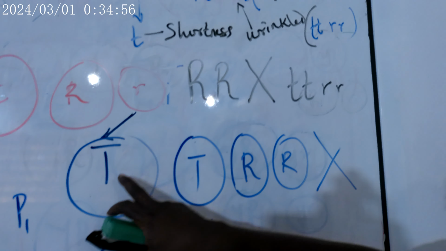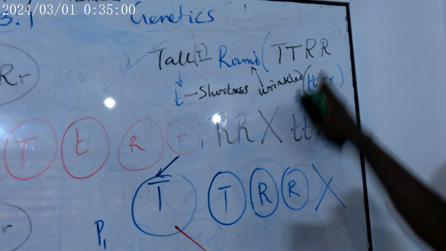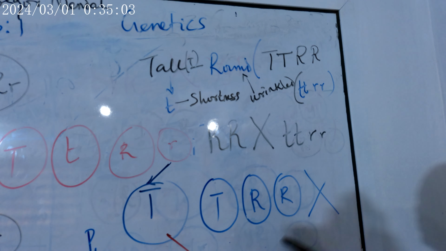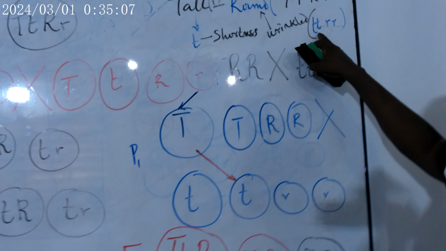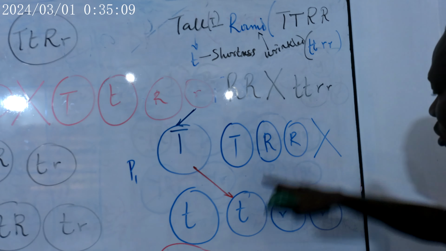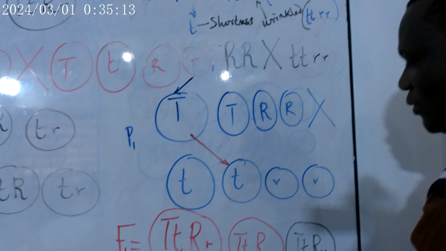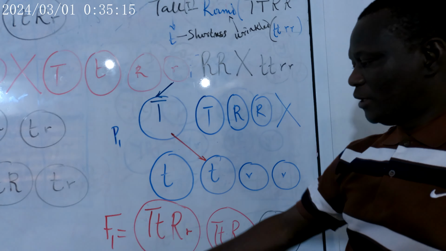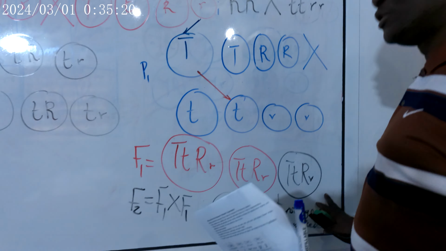We are crossing it with the homozygote, which is recessive. Whenever you now want to cross them, the result of F1, which is the first filial generation, is always heterozygote.